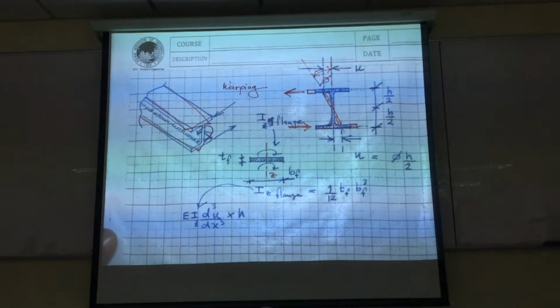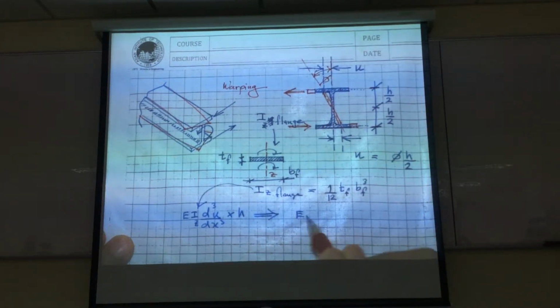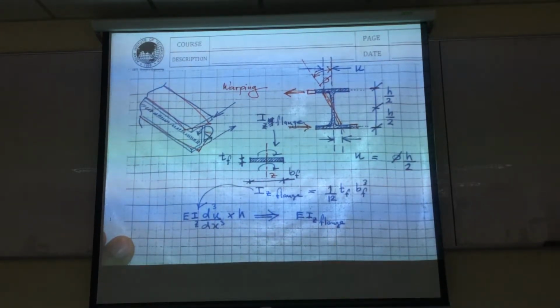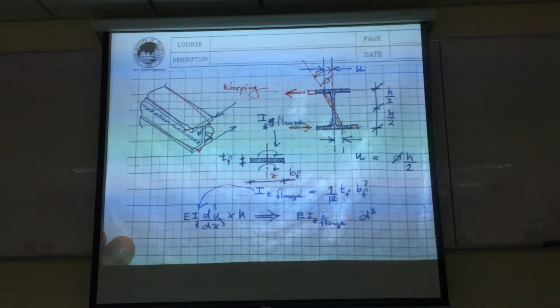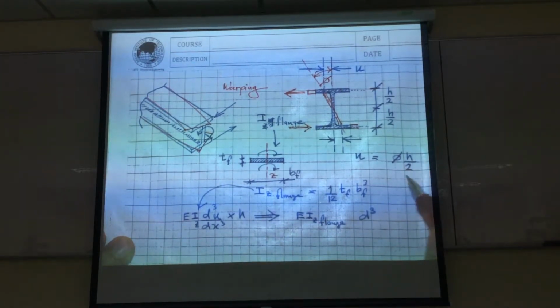We transform it a little bit. We have E, we have I of the flange, we have the third derivative of u, which is represented by phi h over 2.